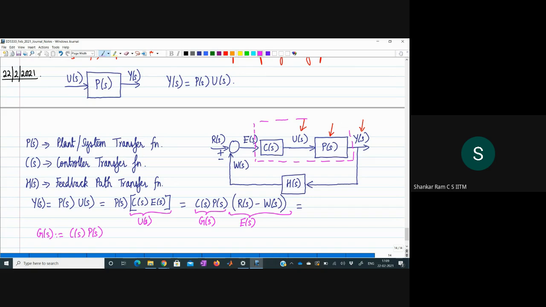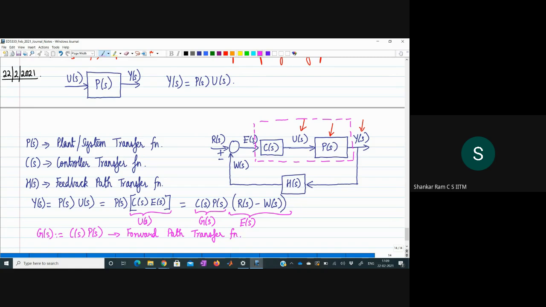So this G of s, defined as the product of C of s and P of s, is what is called the forward path transfer function.